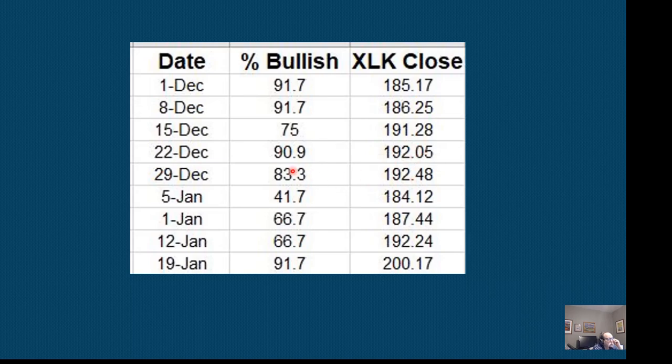Next week, it dropped down to 83, and we were seeing some signs of maybe a short-term top there. We dropped pretty substantially down to 184, and the percent bullish dropped down to 41.7. That didn't last long. Next week jumped back up to 66.7, and last week 91.7 with XLK at that point at 200.